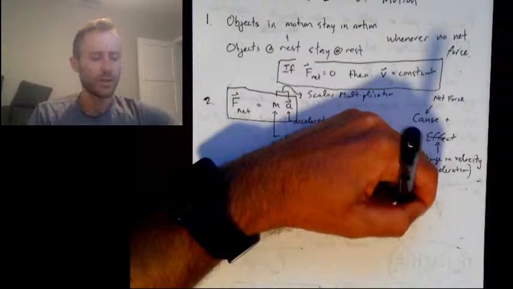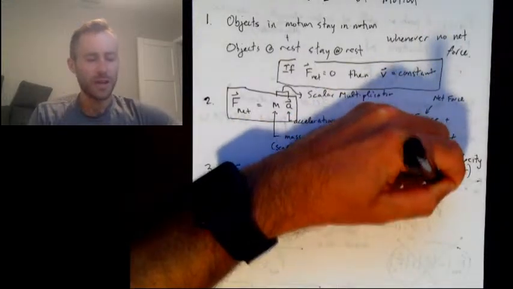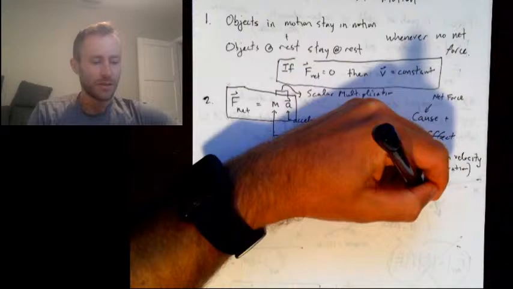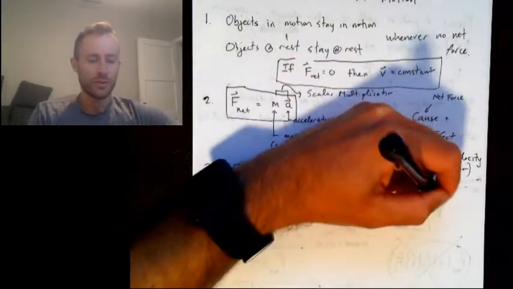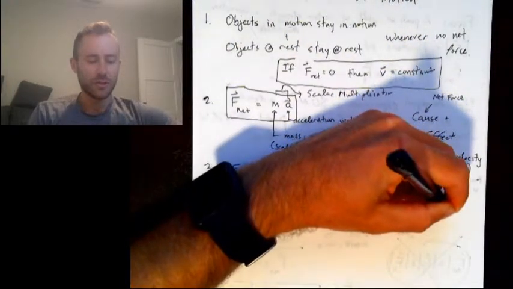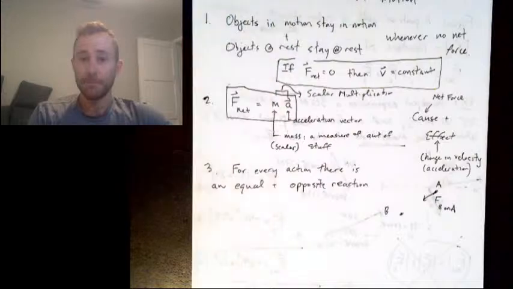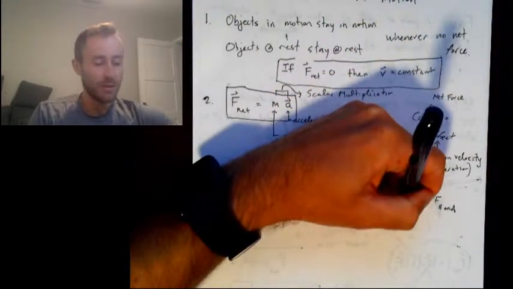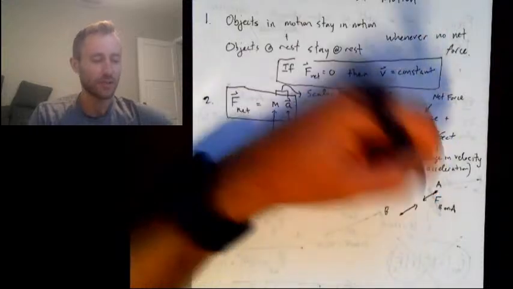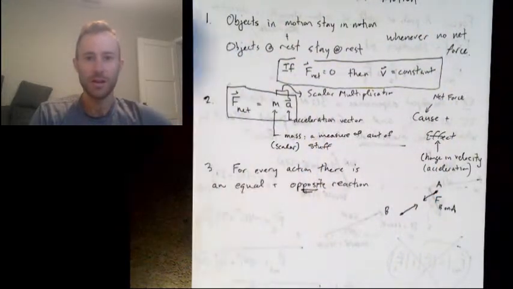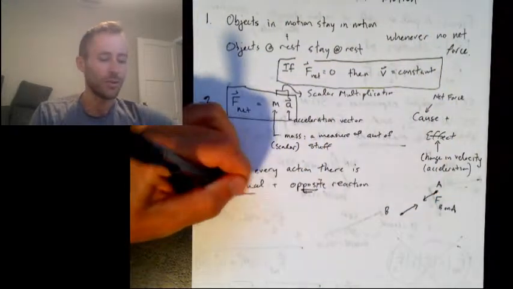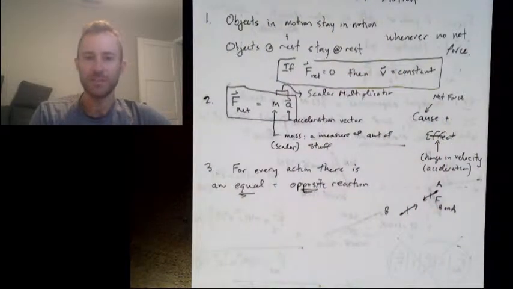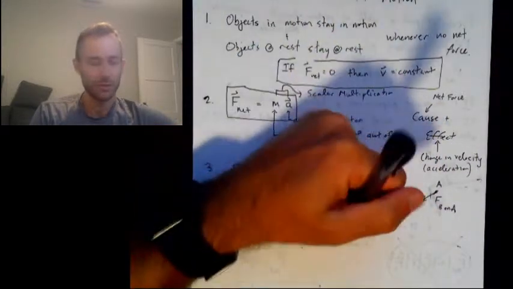So let's say that two things, here I have object A and object B. And here is the force that B exerts on A. Then the force that A exerts on B is going to point in the opposite direction, so that's the opposite part, and it's equal in the sense that both of these forces have the same size. They're the same magnitude forces.